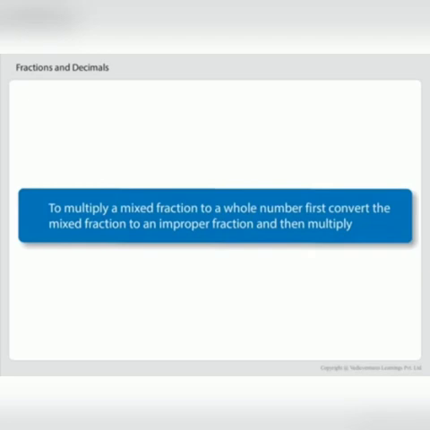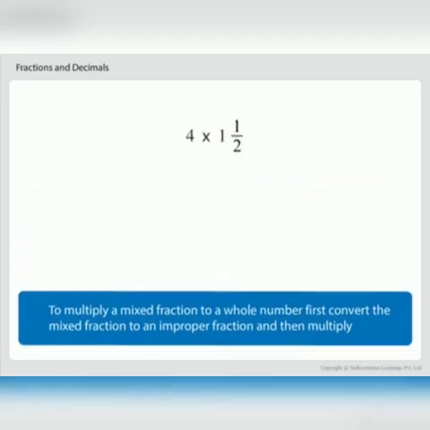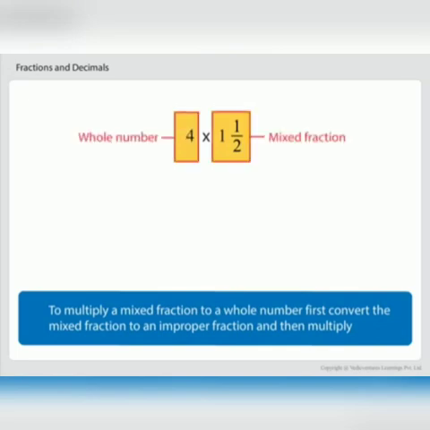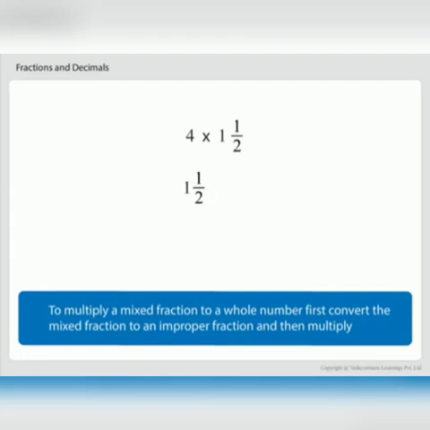For example, if we have to multiply 4 into 1 1/2, the 1 1/2 is the mixed fraction and 4 is a whole number. So here we are multiplying a whole number with a mixed fraction. We have to convert the mixed fraction to an improper fraction.